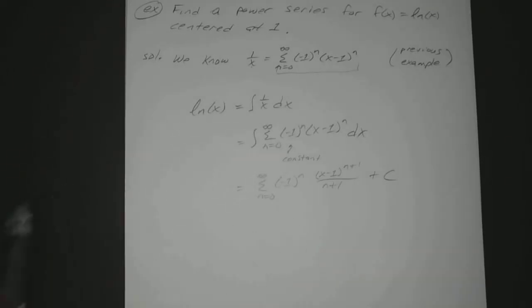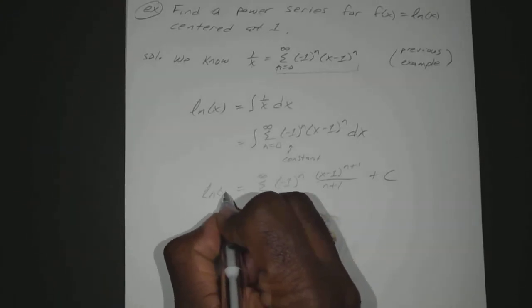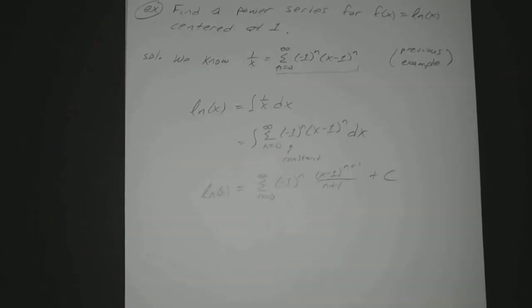Okay, so instead of figuring out natural log of x, all we had to do was take the derivative of natural log of x. Since we know that, we just use that to find the power series for natural log of x, without having to go through all that trouble.